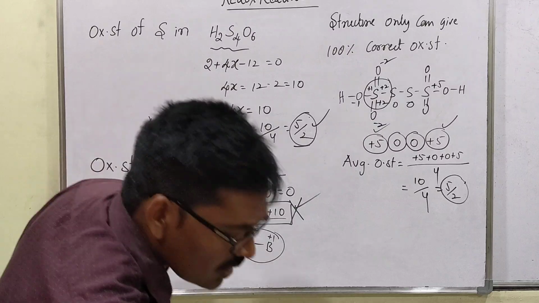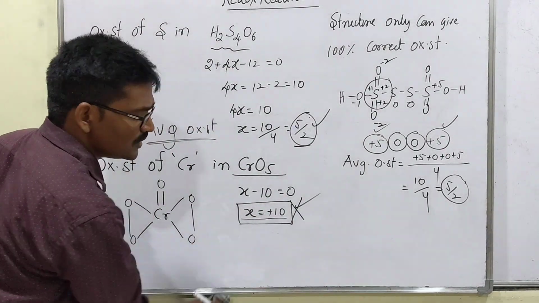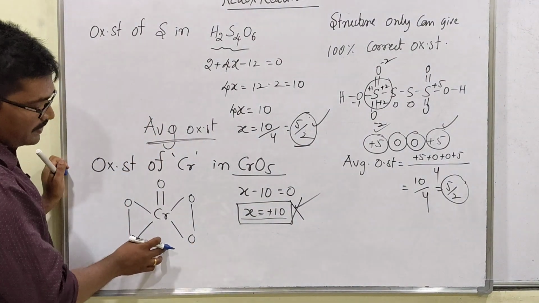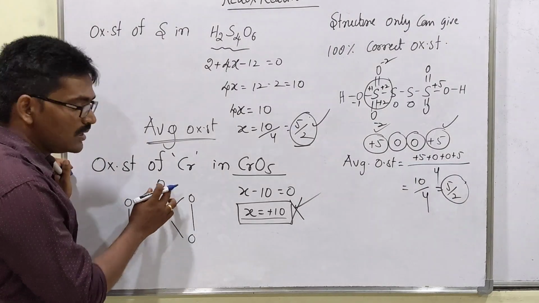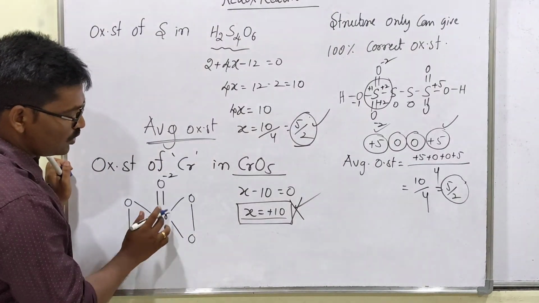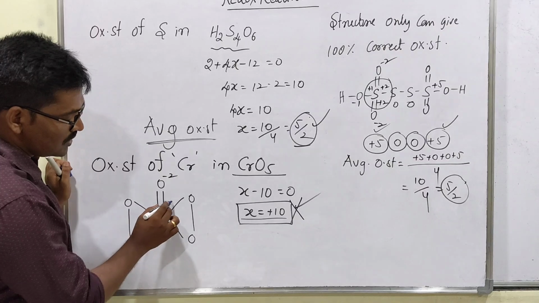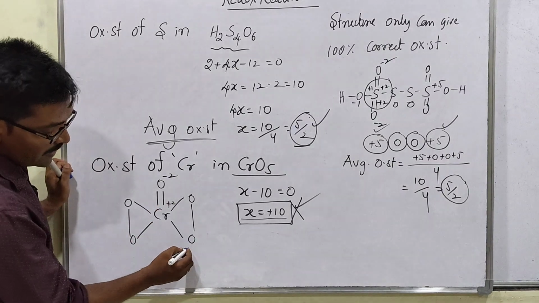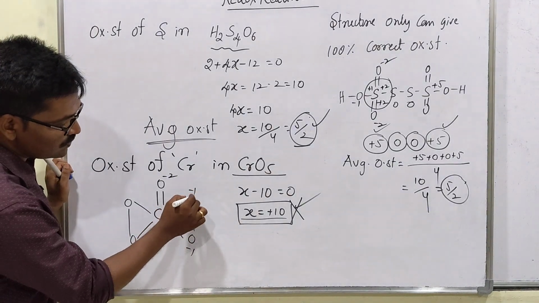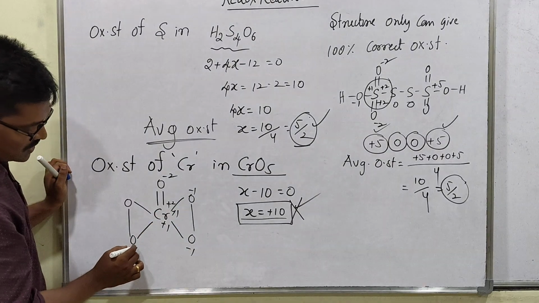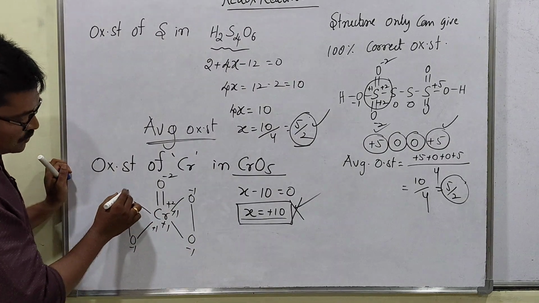Right? So now, in case you take, look at here, oxygen minus 2 oxidation state, chromium plus 2 oxidation state. Sir, here minus 1 plus 1, minus 1 plus 1, minus 1 plus 1, minus 1 plus 1.